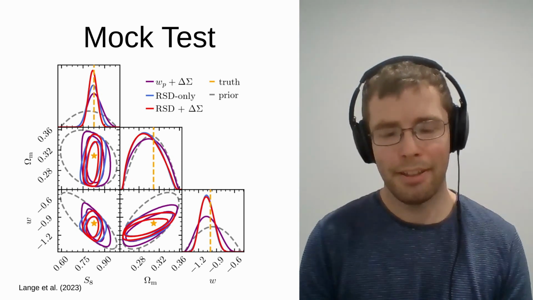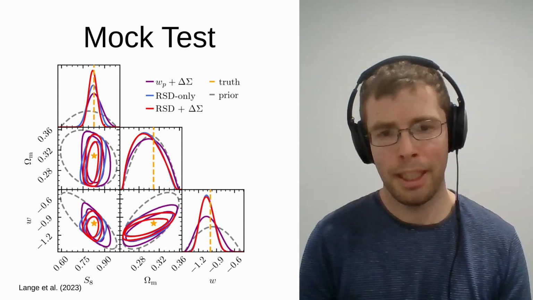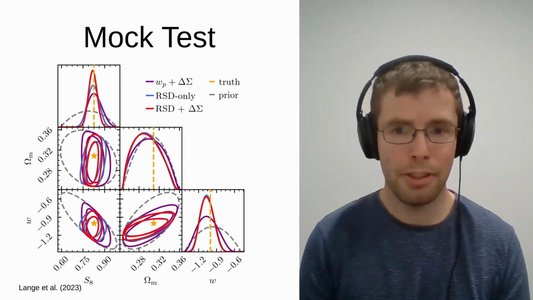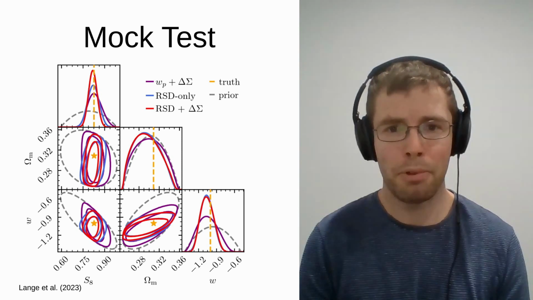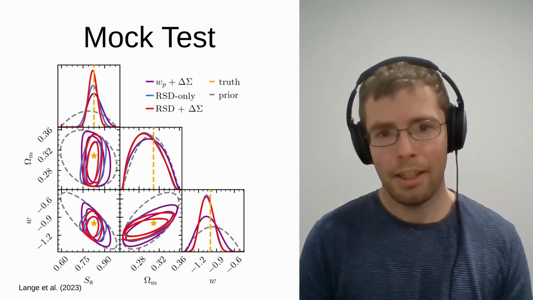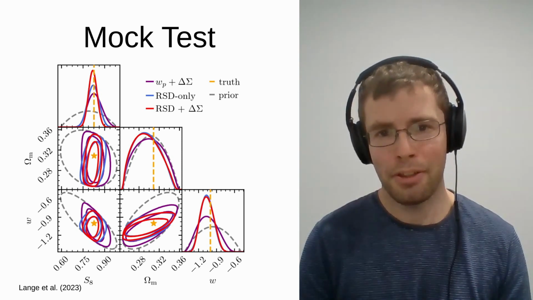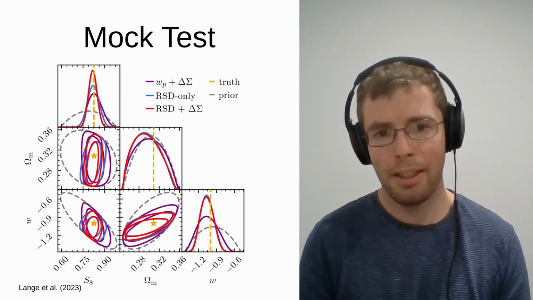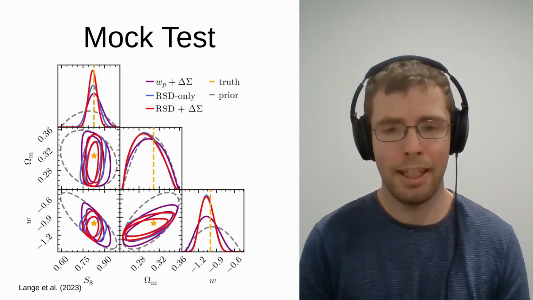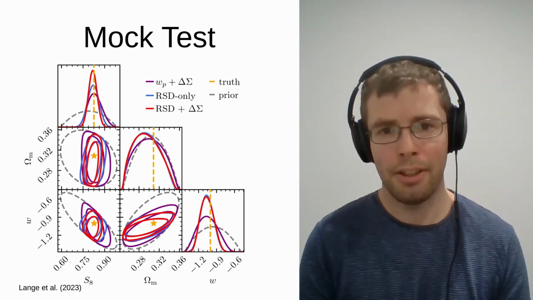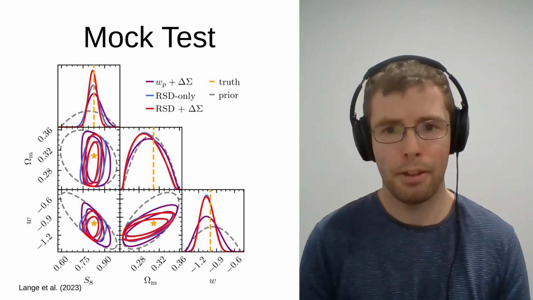The reason for that is that we have these Aemulus simulations, and they only probe a certain part of cosmological parameter space. And so we can't really constrain cosmological parameters outside of this parameter space. Therefore we put an implicit prior, basically an ellipsoid centered on these different Aemulus parameters. So that's the gray line.